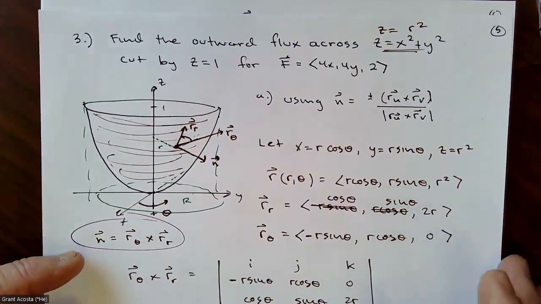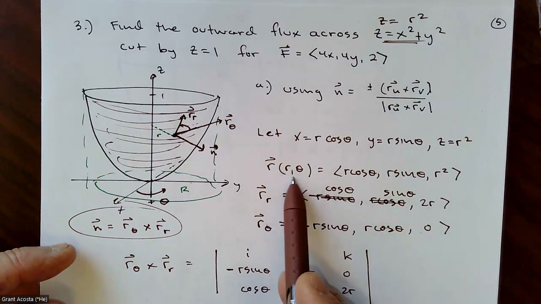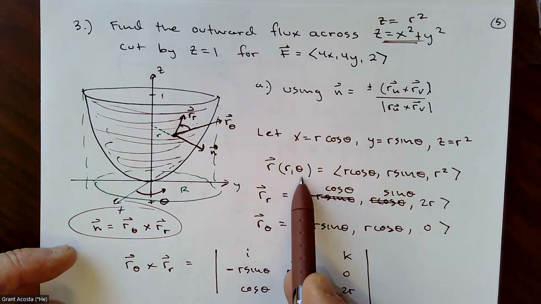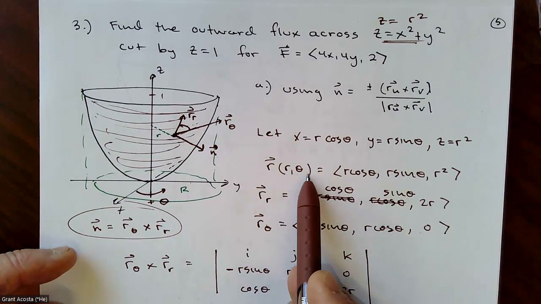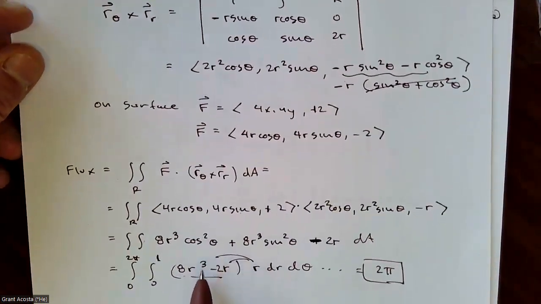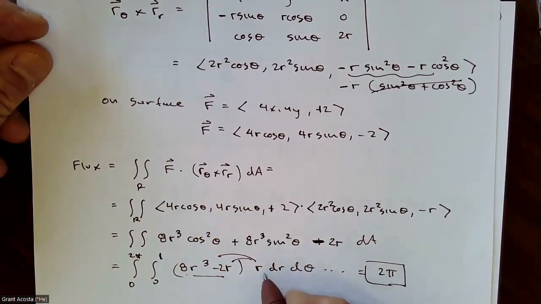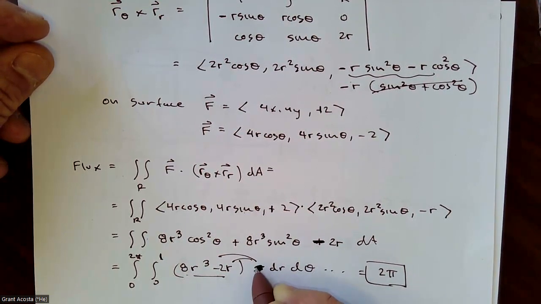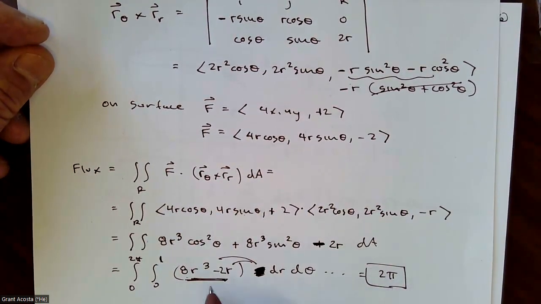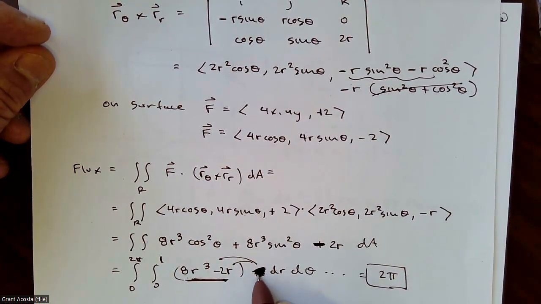You can go back and look at the video when we did parameterized surfaces. Even though r and theta makes it look like we're doing polar coordinates, you can be using any two variables. My point is, when I did this integral this way, I did not need to add the extra r dr d theta. So back on the previous example, cancel that out, and I still think this will give you 2 pi. But I did not need to have that extra r there.